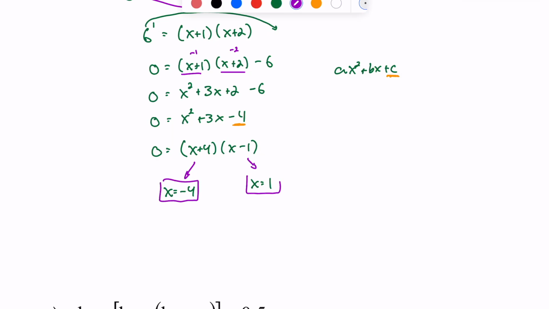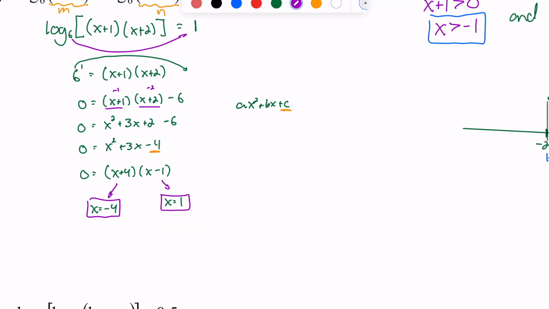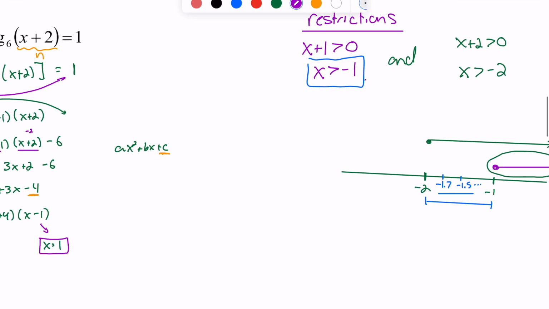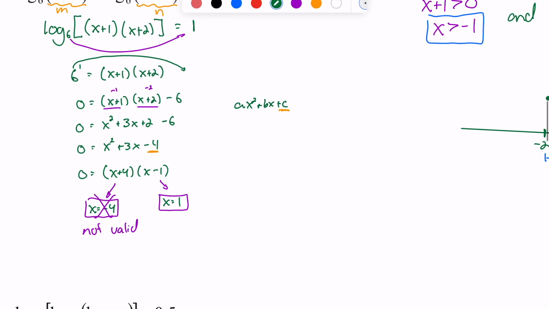Your two solutions. But as we've done in previous problems, you have to validate them. Go back and you say, okay, well, negative 4. Does that satisfy the domain constraint? No, it doesn't. So this one is actually not valid. But positive 1 is a number bigger than negative 1, so that is your only solution.